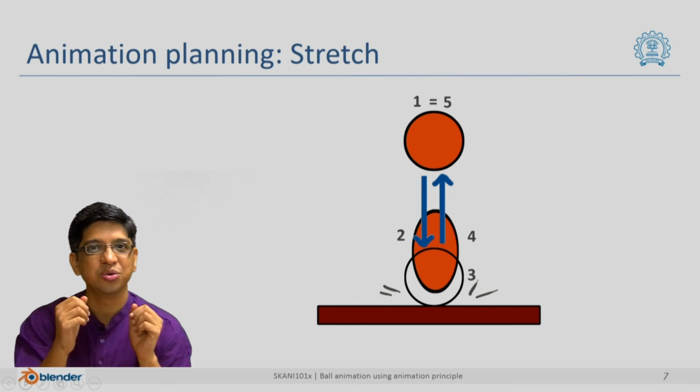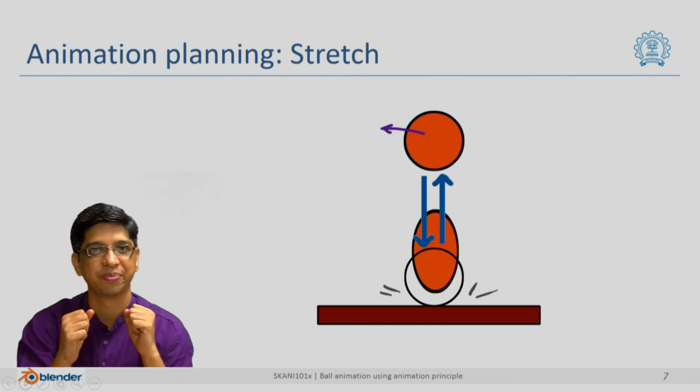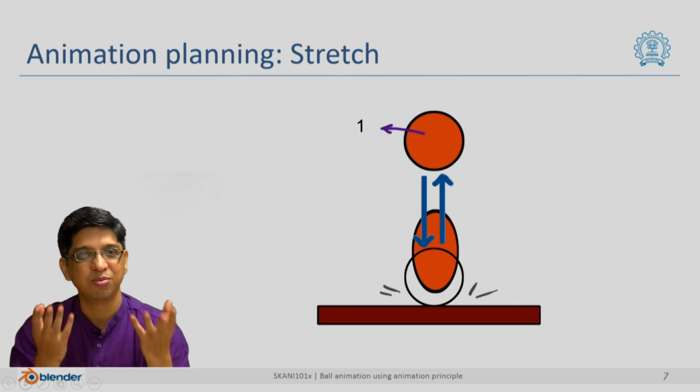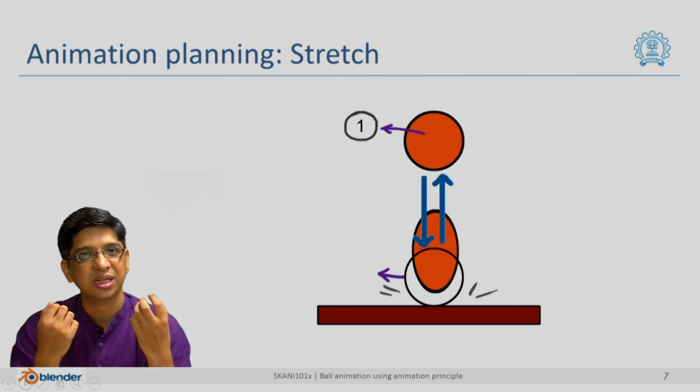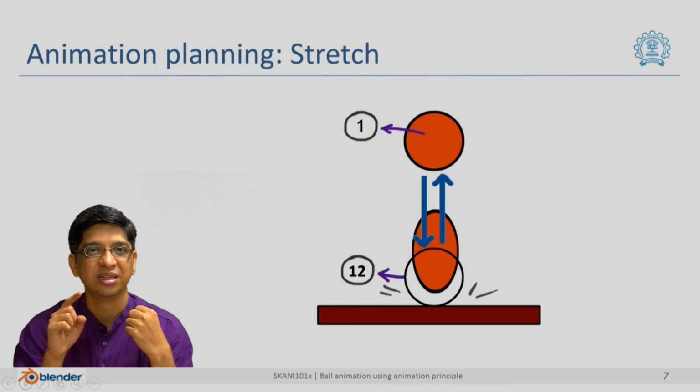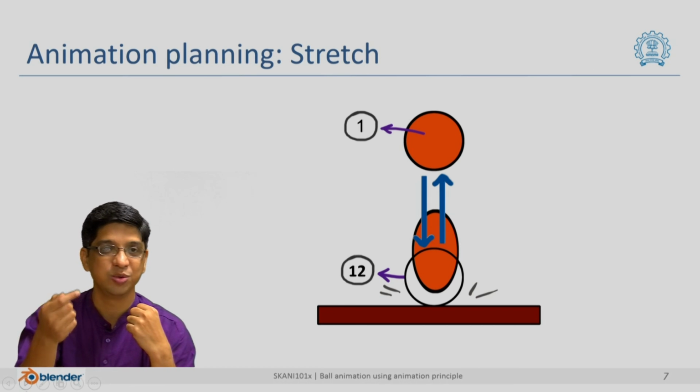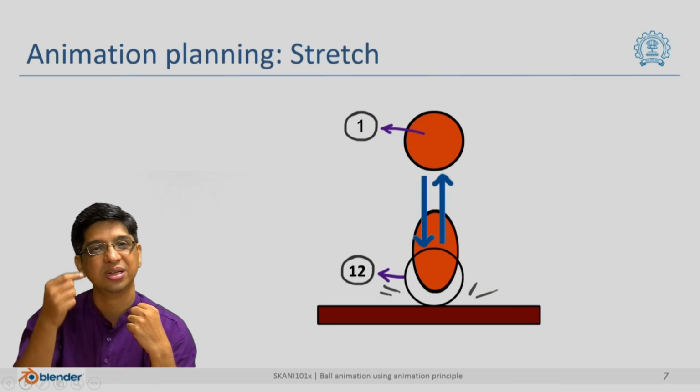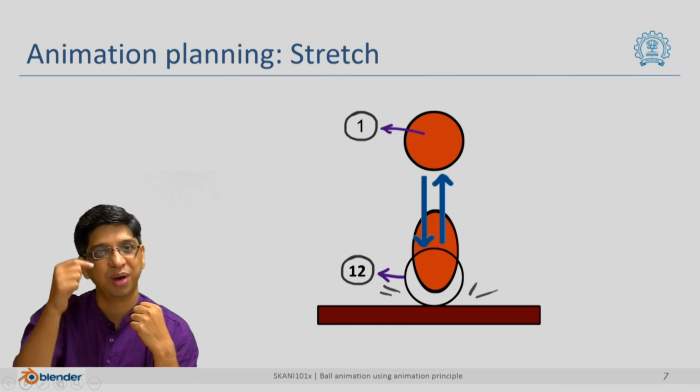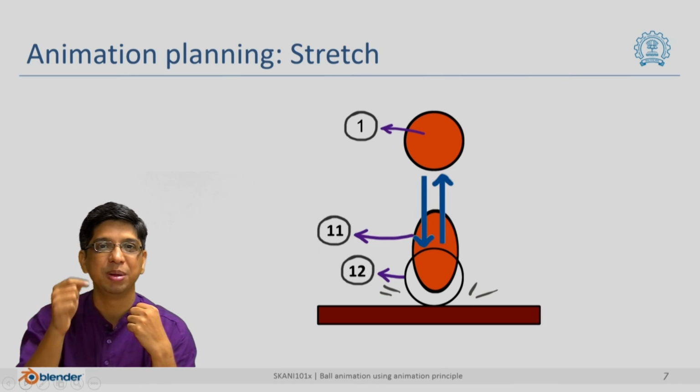Let us convert this to key frame numbers. The first position is obviously frame number 1. The second position is, as I said, just before the ball hits the ground, which was frame number 12. Therefore, the stretch position while coming down would be on frame number 11.